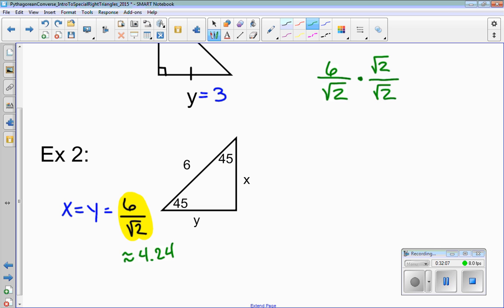Okay? When I multiply the top, it's just 6 radical 2. What is the square root of 2 times the square root of 2? The square root of 4, which is just 2. So that's the point, is we wanted the radical to go away. And it does.